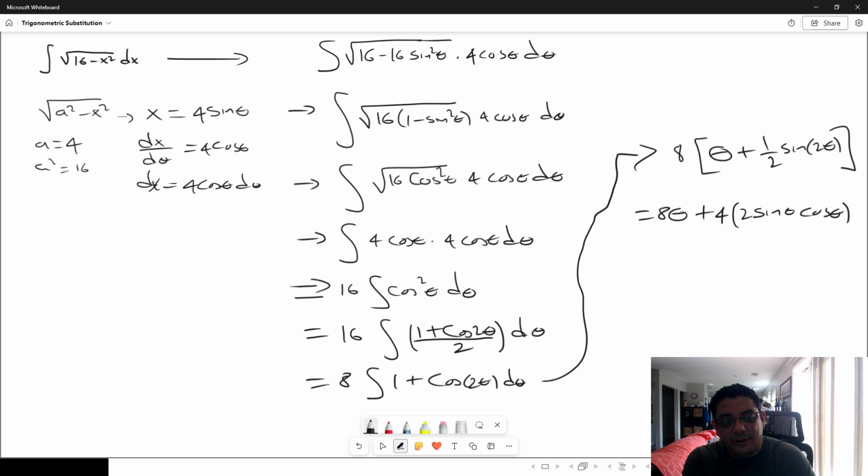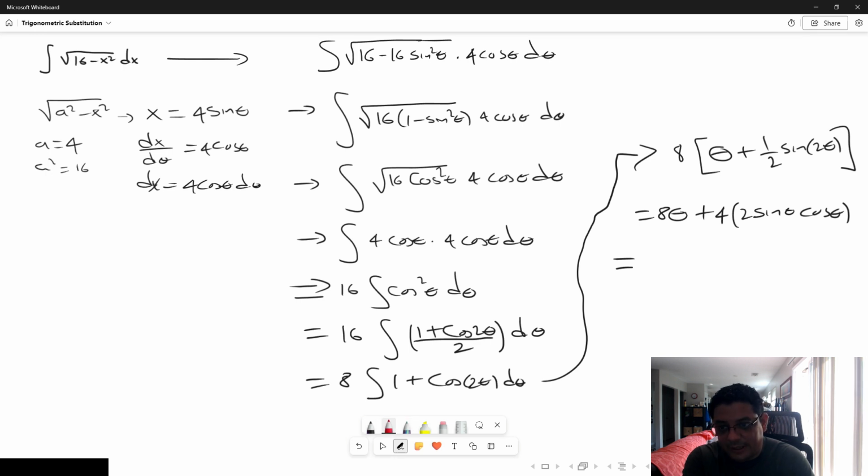So I need to find out what sine of theta is in terms of x, which I can find really easily. Remember the substitution: from here, x over 4 is sine of theta, so we have that factor. We also have that theta is arcsine of x over 4, so we have this piece.